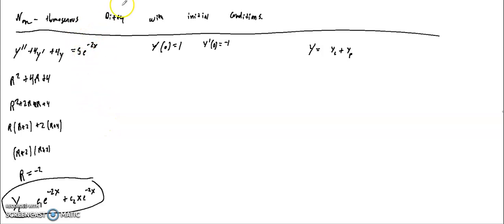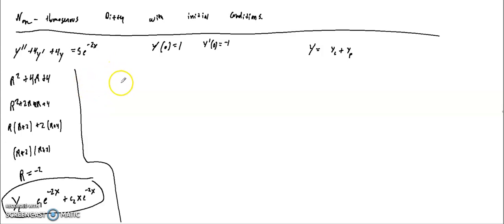Also I should point out, we might need to break this up into two parts because it's going to be a long question. But continuing on, the complementary part isn't bad, and we'd be done if we just plugged in our initial conditions and solved for c2. But because this is non-homogeneous, we have this extra force right here. We need to find this particular part and add it.